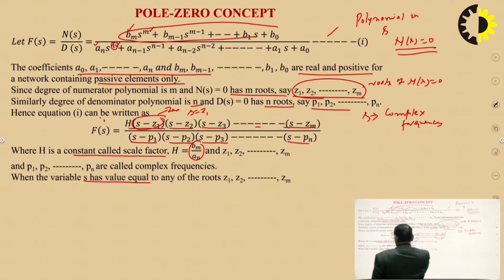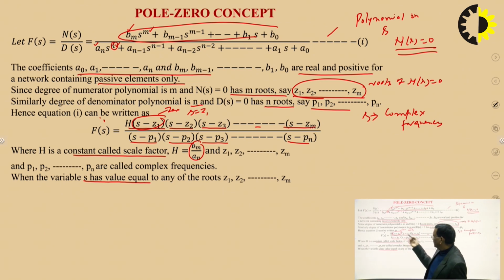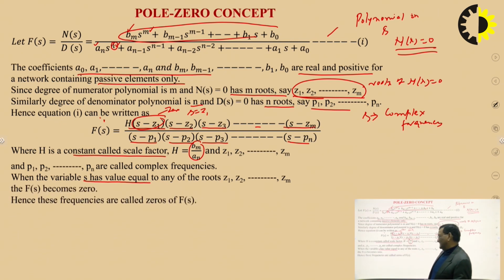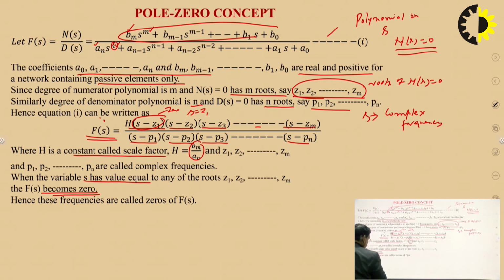So for any value of z1 equal to s, the numerator will be 0. So this function F(s) becomes 0. So what does it mean?